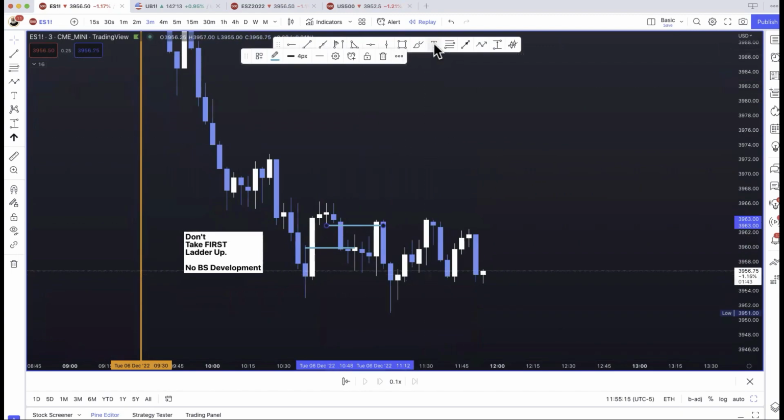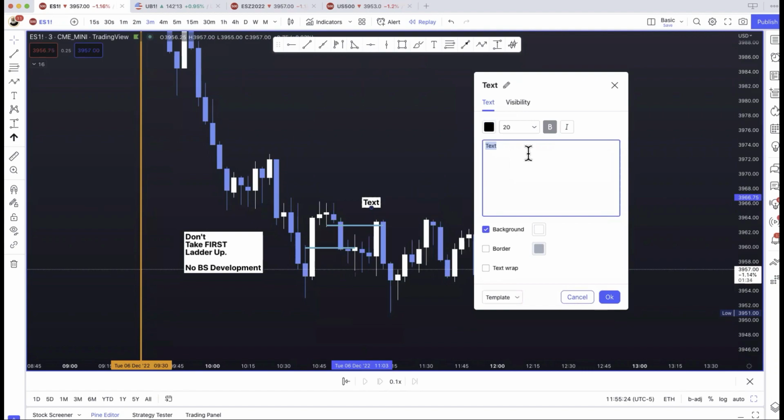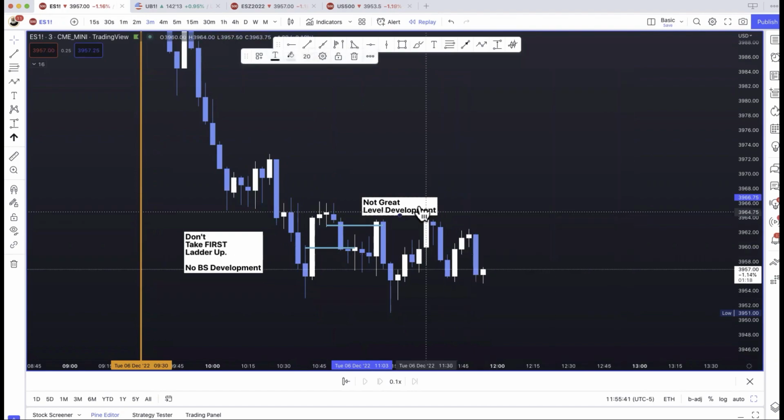What note will I add to that one? I'm going to put, I don't like this sideways action. I want to see it go down and come back. Not great level development is what I would call it.